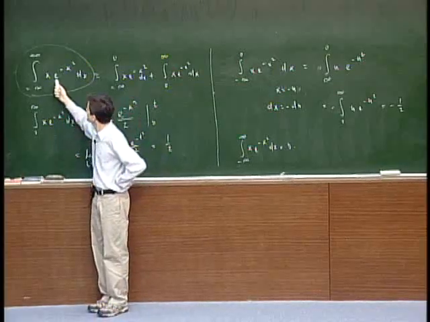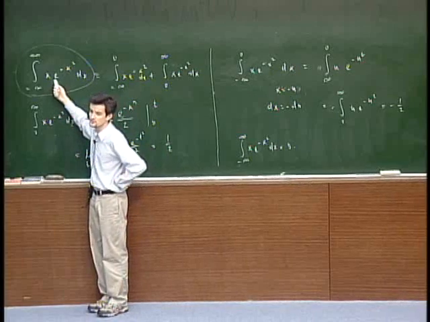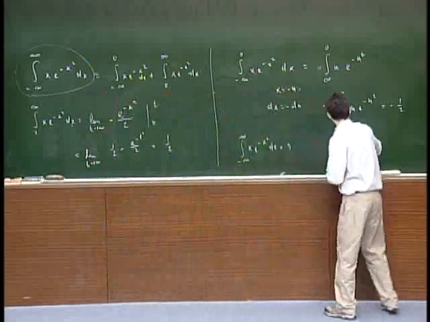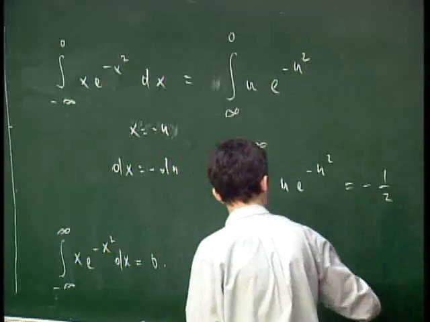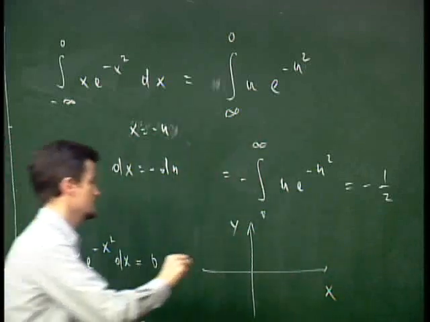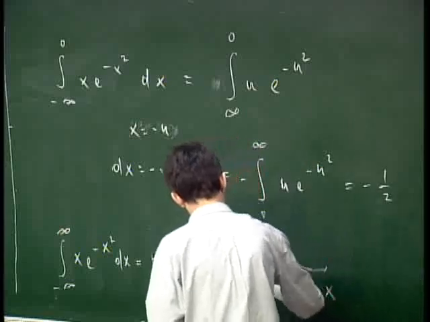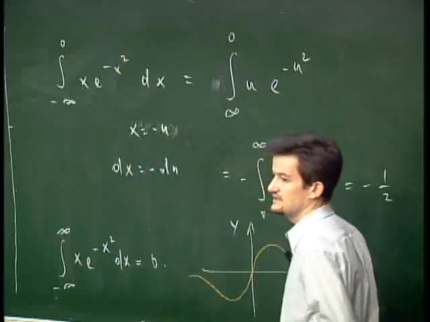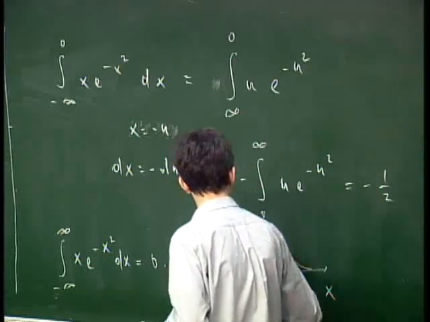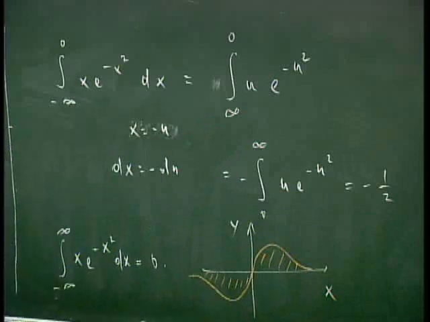If you plot this function, it will look something like this. If you look at the areas, they should cancel to 0. But this kind of reasoning is not correct. Who understands why?